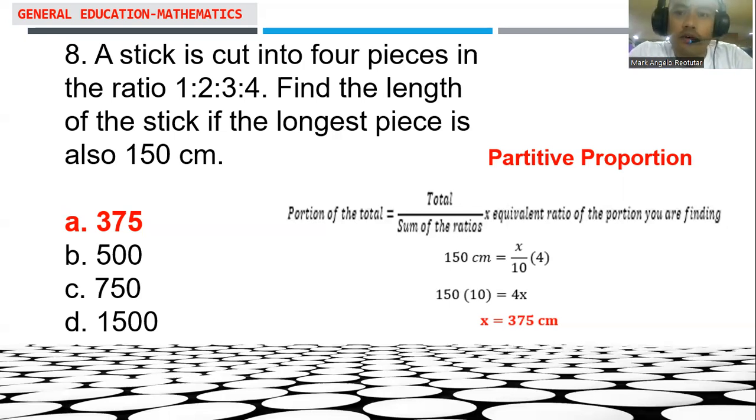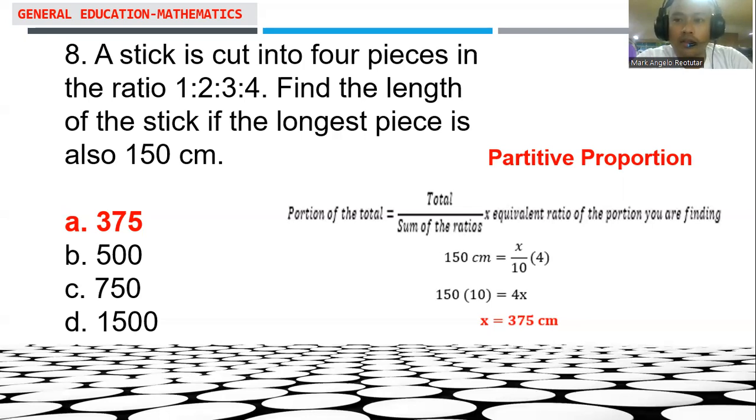A stick is cut into 4 pieces in the ratio 1:2:3:4. Find the length of the stick if the longest piece is 150 centimeters. So we know that the longest piece here is 150 centimeters. The problem is we are looking for the length of the stick.